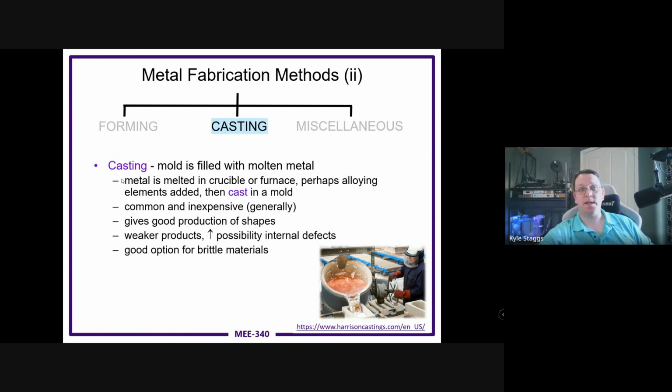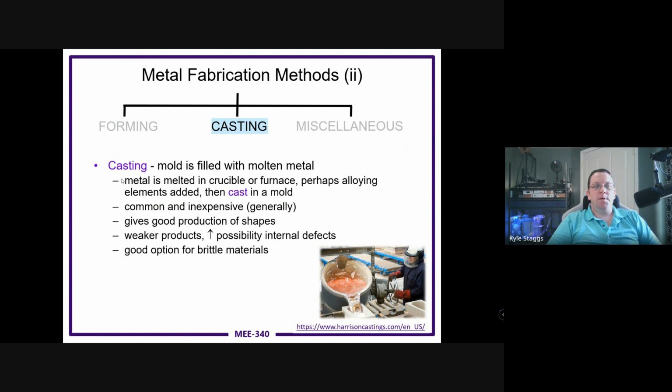Casting. Casting is a really awesome operation. Molten metal that's heated in a crucible, usually using some kind of furnace, is able to drop into a mold.